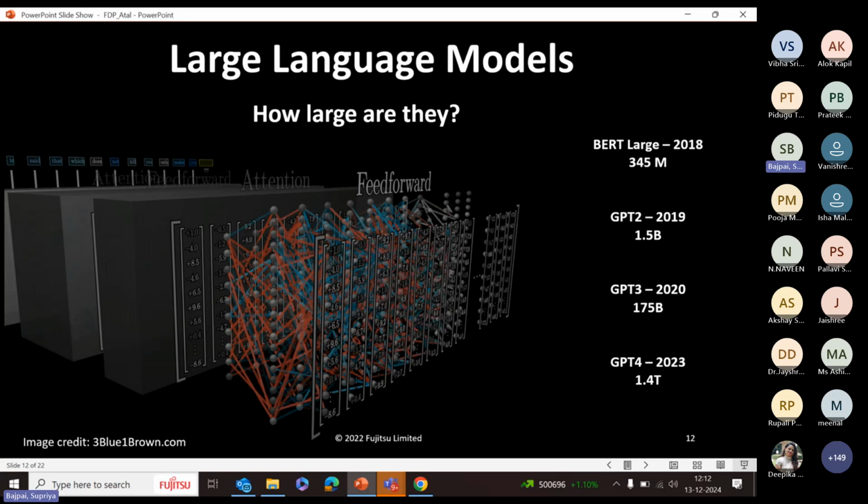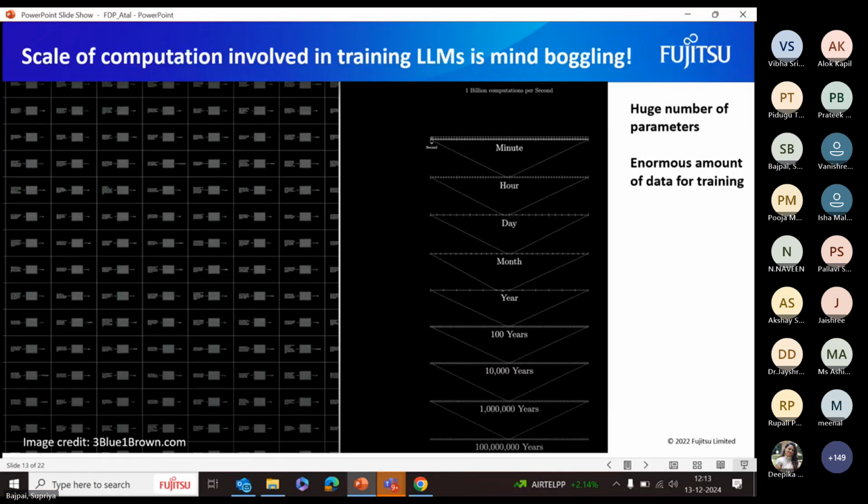It had 175 billion parameters. Now GPT-4, launched in 2023, had around 1.4 trillion parameters. Trillion means very huge. So given this huge number of parameters and enormous amount of training data, the scale of computation is mind-boggling.